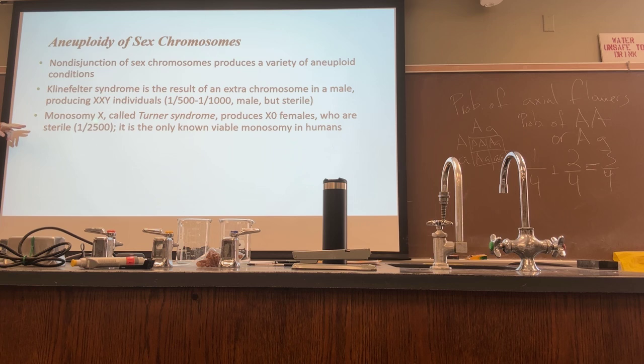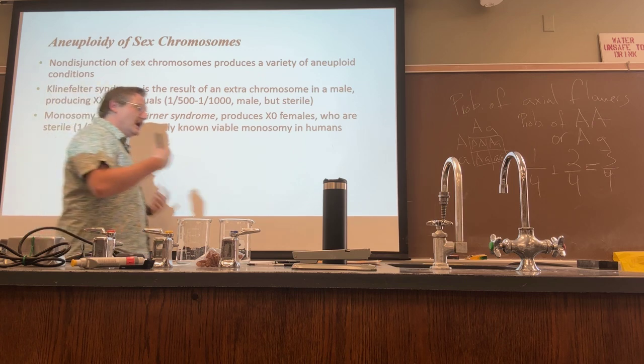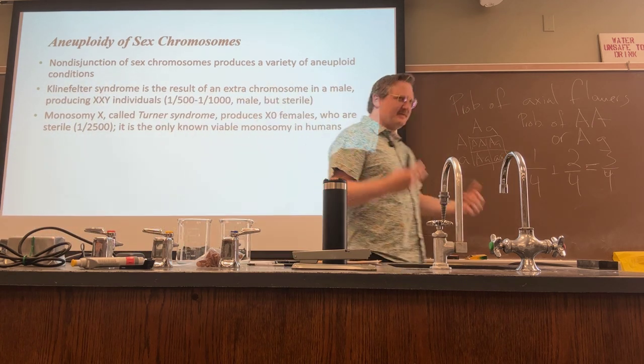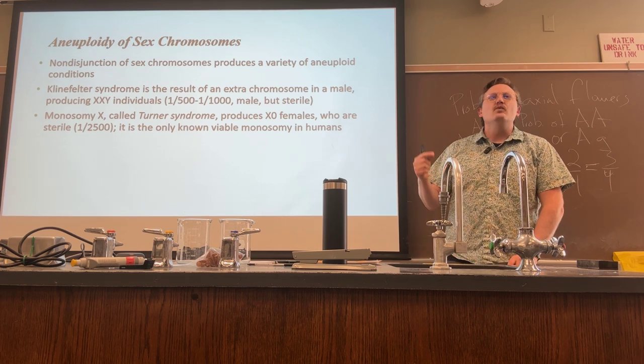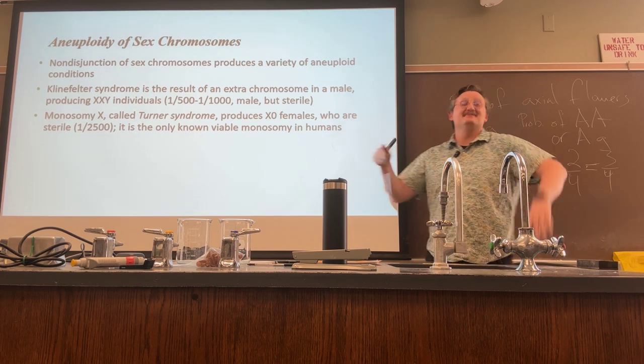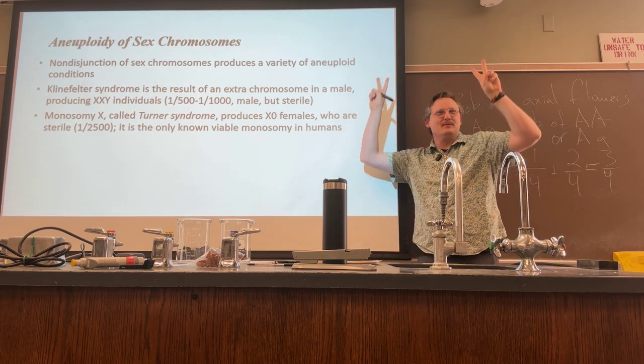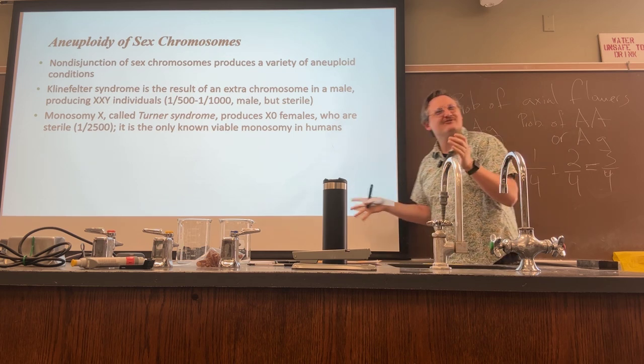There's monosomy X, which is called Turner syndrome. And these usually result in sterile offspring. You can also get an XYY individual, which at least when I was a student, they still called a super male, because you have 2 Y chromosomes.